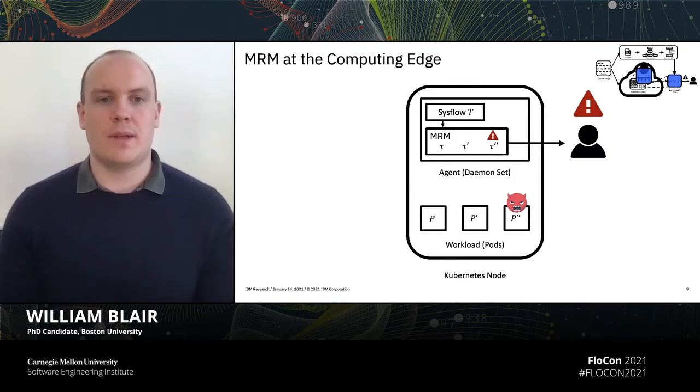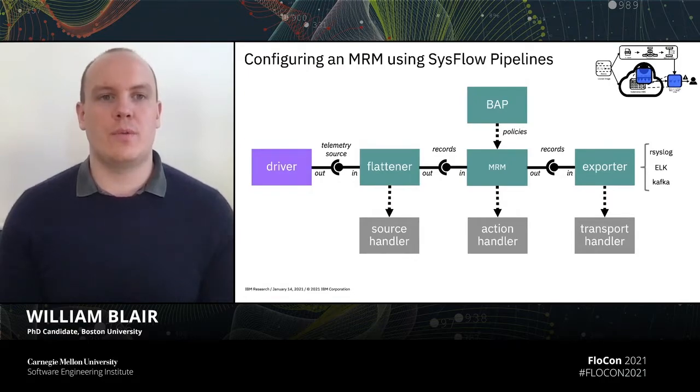So how is this implemented in terms of configuring SysFlow and then actually implementing a SysFlow processor, which we saw an example of in the previous talk? First thing we want to do when we configure the SysFlow pipelines to support an MRM is to define the path of records from the telemetry source all the way to the exporter, or the entity that will then consume the output of the MRM.